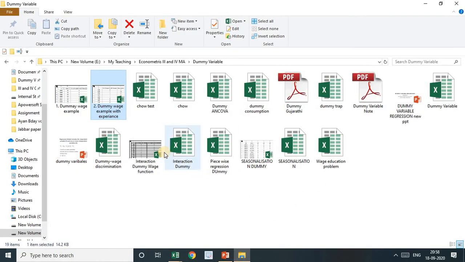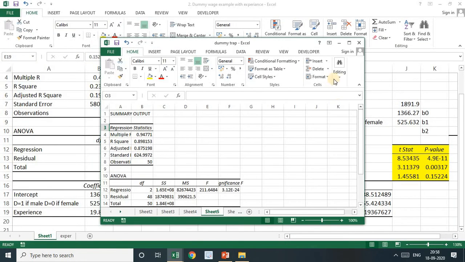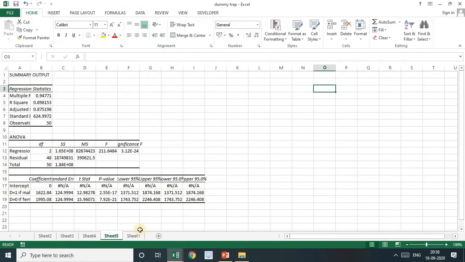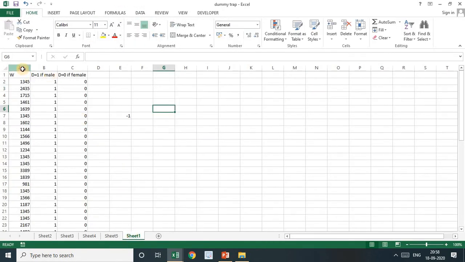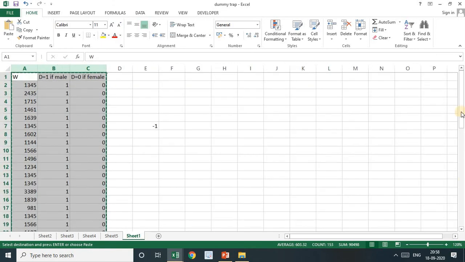Look at this. Can you see this data? I hope so. Look here, wages. For male I am giving 1, for female I am giving 0.